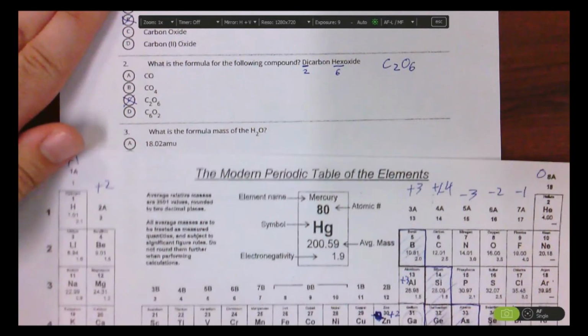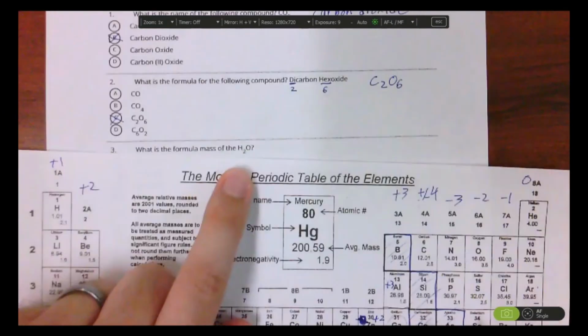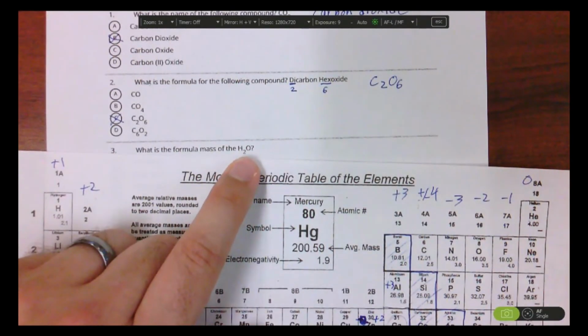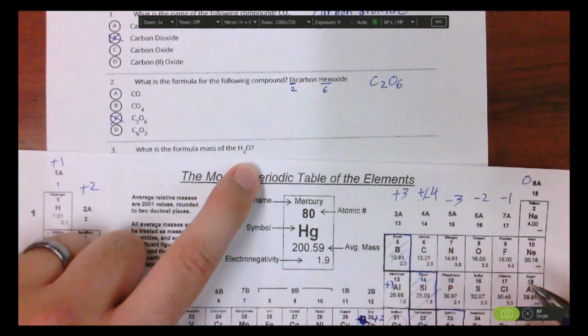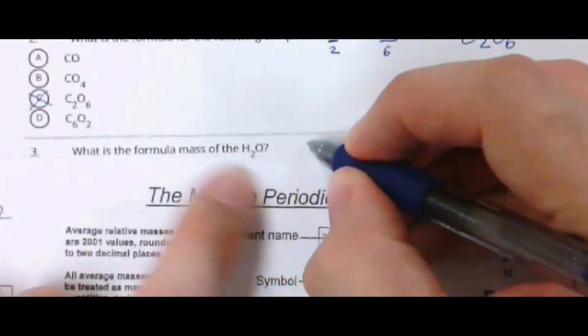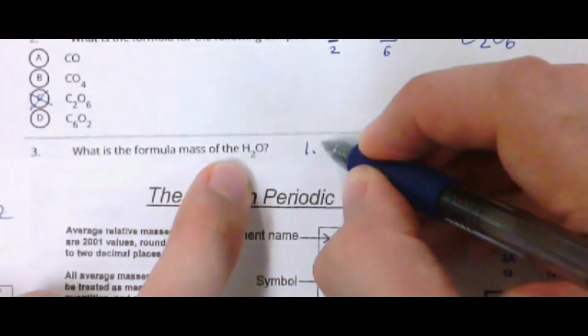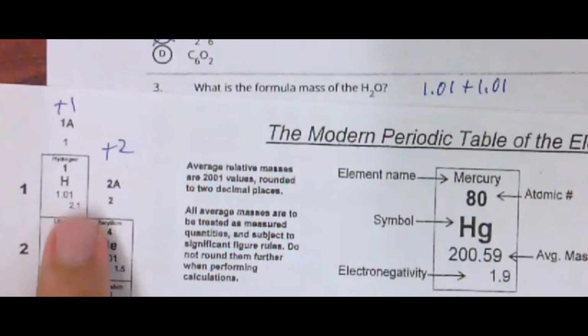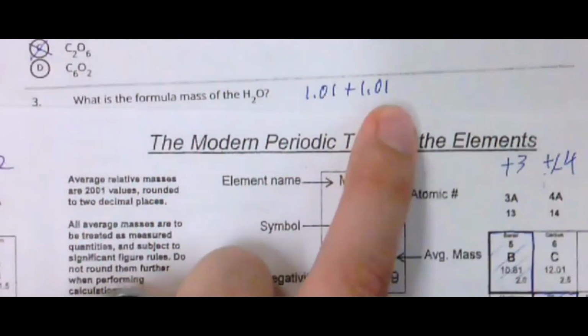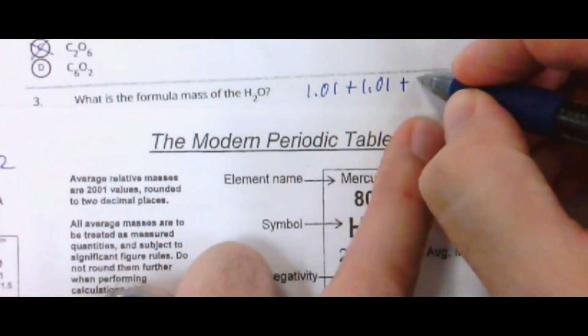Now, as we get down to the other ones, they're not so bad. I've memorized the mass of H2O, and you will too eventually. But all you have to do is find the formula mass, which is just adding up the pieces. You have 2 hydrogens, each 1.01, and oxygen has a mass of 16 if you round it to decimals.